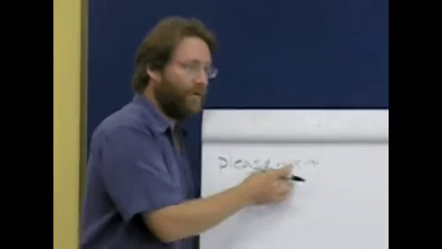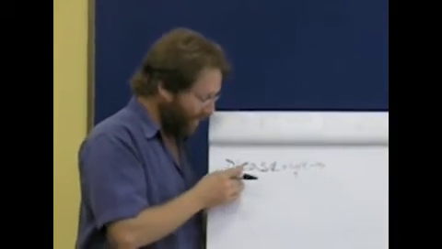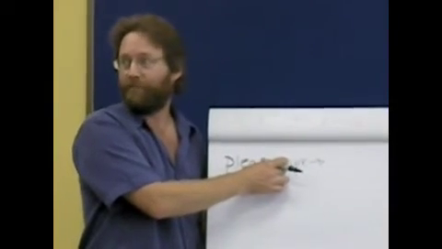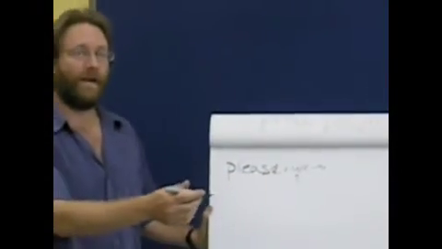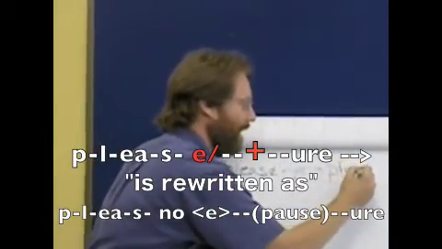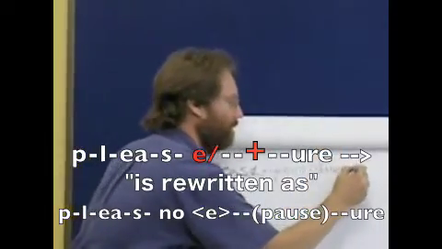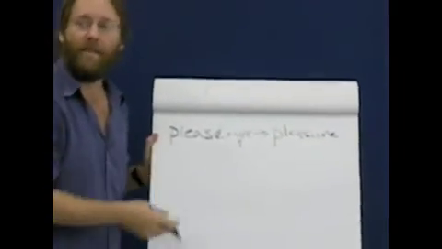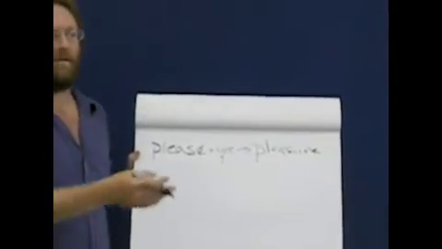It's like reading the word sum, and when I read each of the names of these letters, I read that plus sign with silence. Okay? We'll do that again, and I write it as I say it. Are you ready? Here we go. P-L-E-A-S, no E, U-R-E. And that's how you spell pleasure. So we've already talked about the meaning. And I want you to get used to that kind of talk.